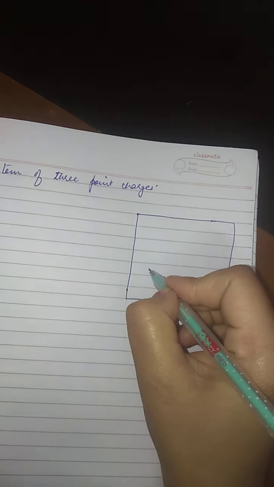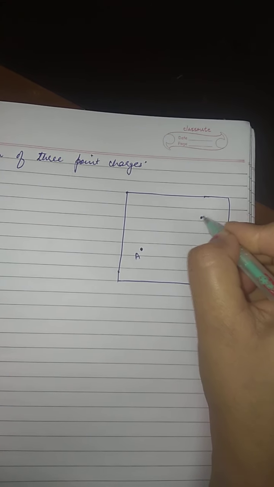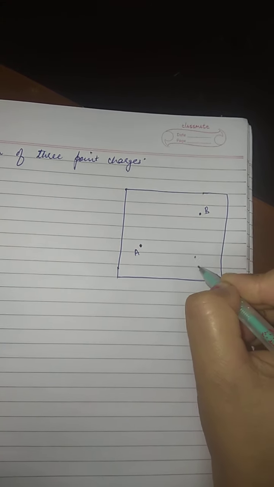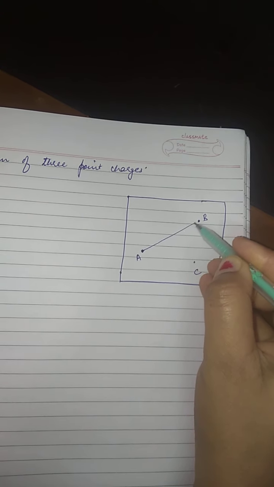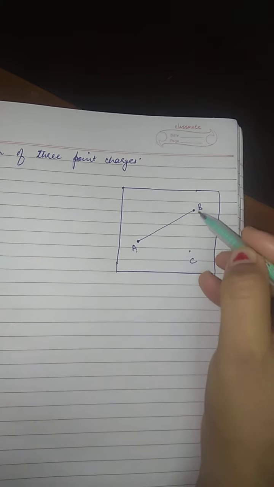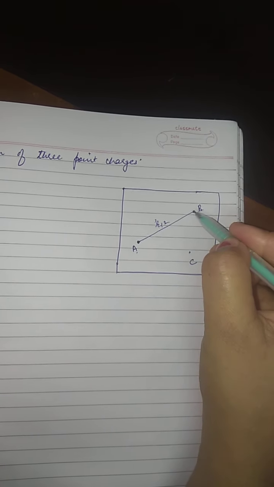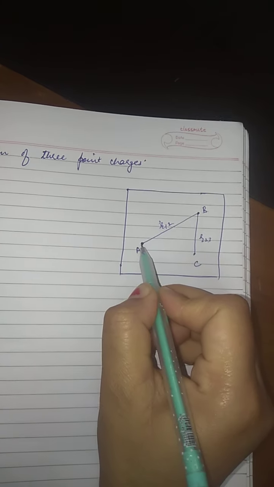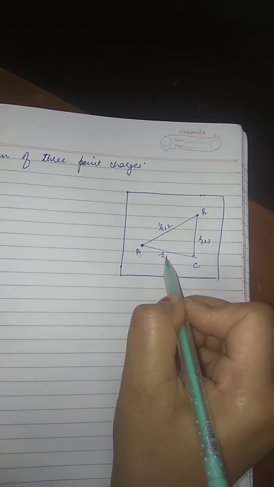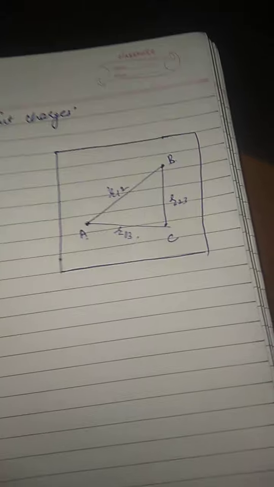Let us consider I want to place the charges at point A, at point B, and at point C. Let us consider the distances between these points. Here I will place Q1, Q2 and Q3. Let these be R12, R23 and R13. So these are the distances between these 3 points where I want to place the charges.